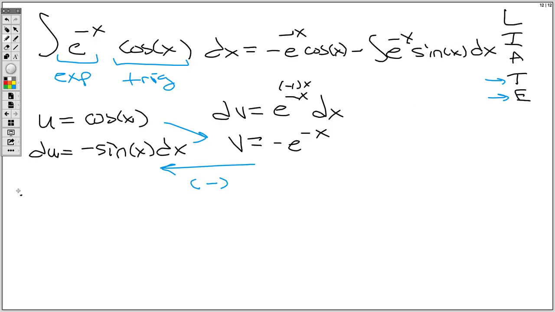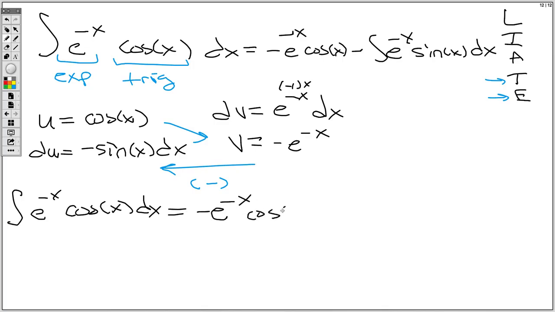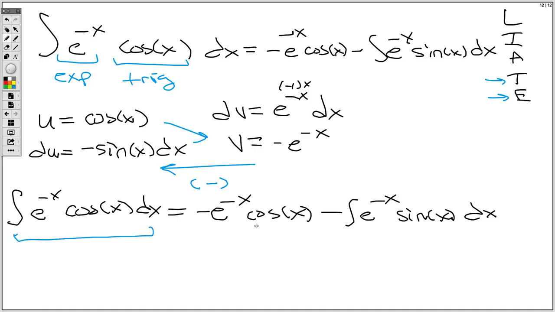And now we ask ourselves, looking at the integral I started with, and looking at the integral I have now, is it somehow easier?